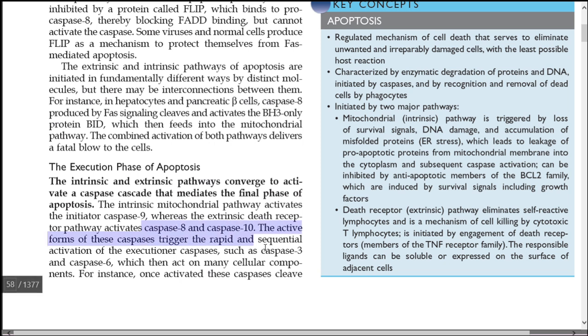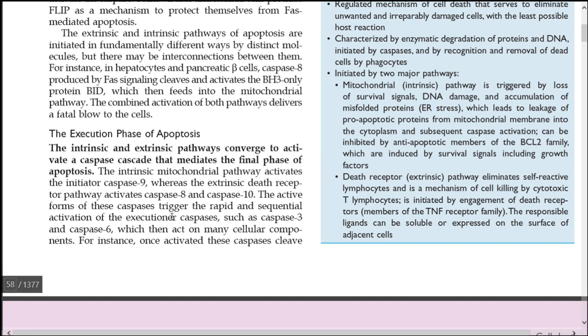This is very important, so we should remember the numbers properly. The active forms will trigger the rapid sequential activation of executioner caspases. Caspase 3 and caspase 6 are executioner caspases. Okay, that is also very important.